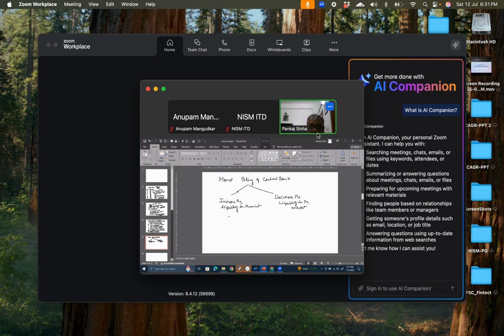If it increases the liquidity, how will it do it? It will bring the interest rate down. Interest rate going down means liquidity will go up, so demand for credit will increase.